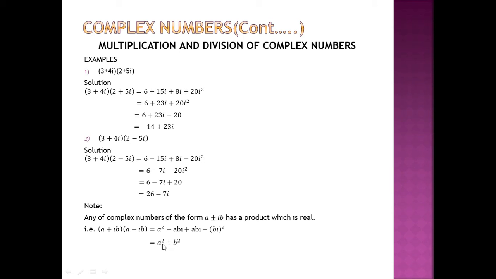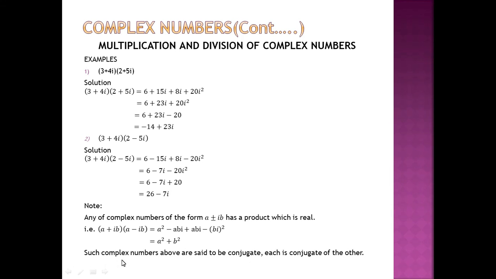So when we simplify, ab and ab cancel each other. This is negative, this is positive, and we have b squared, we have i squared. Then i squared is equal to -1, and the negatives cancel each other. So then we have a squared plus b squared.